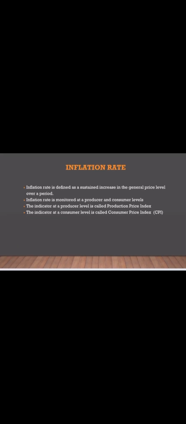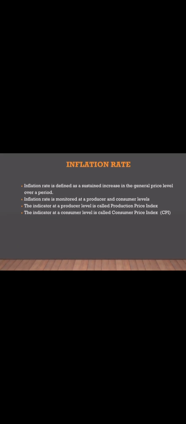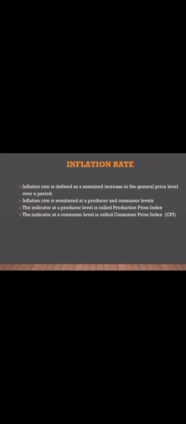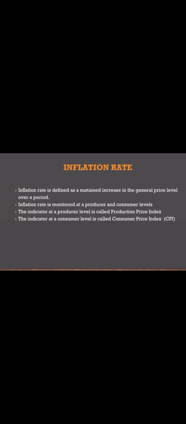What are the indicators that determine whether the country's economy is growing or not growing? So here, firstly, we need to understand what is an economic indicator. An economic indicator is a statistic that shows the behavior of an economic variable over a specific period of time.